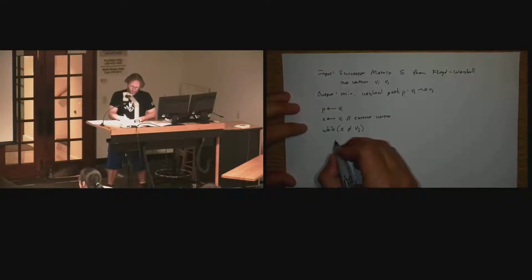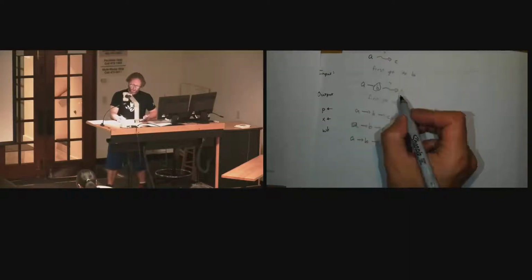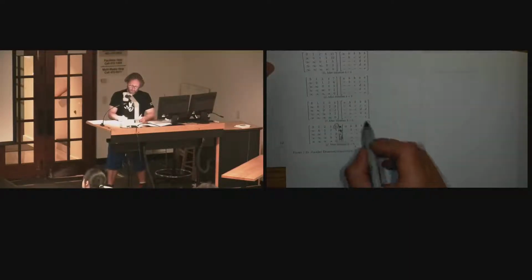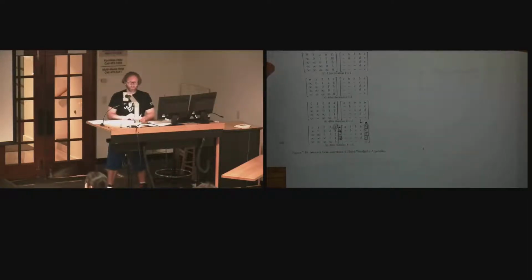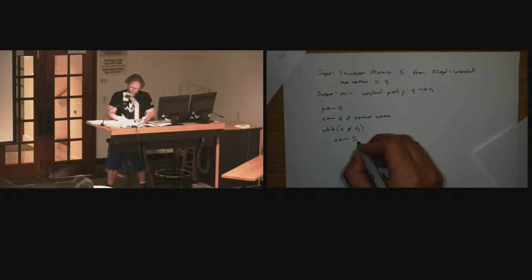Where do I go next? I need to update the current vertex. What did I do over here? I asked the question on the current vertex going over here by looking at that entry in the successor matrix. So I update it to whatever's stored in the successor matrix from the current vertex to j.